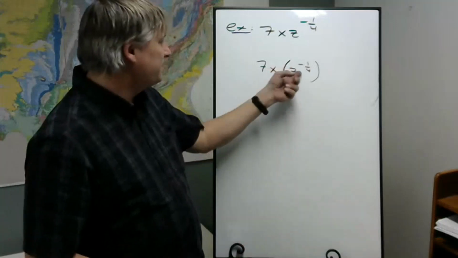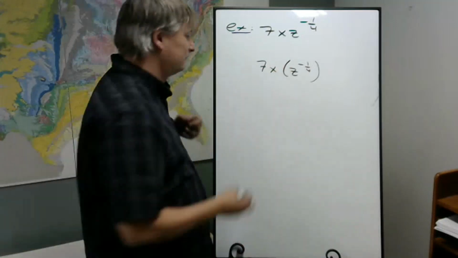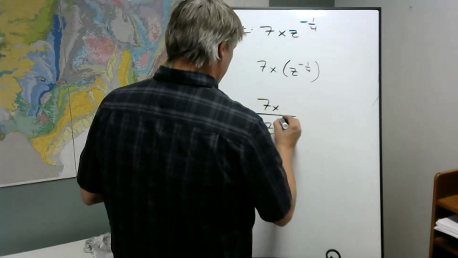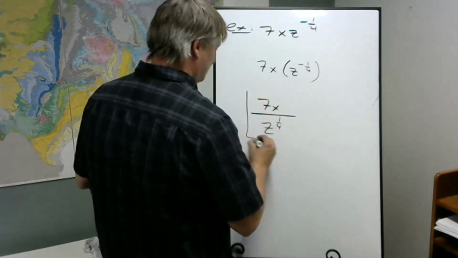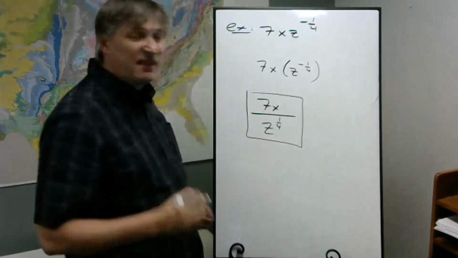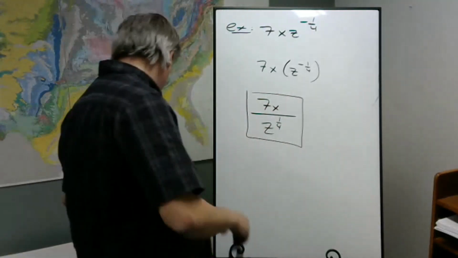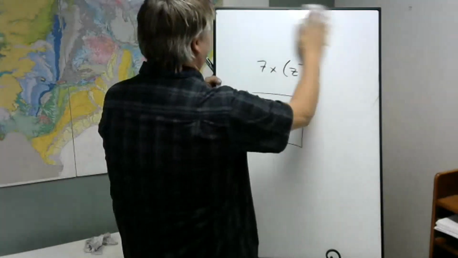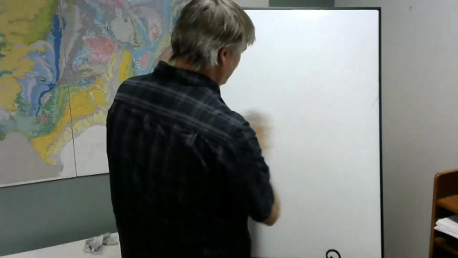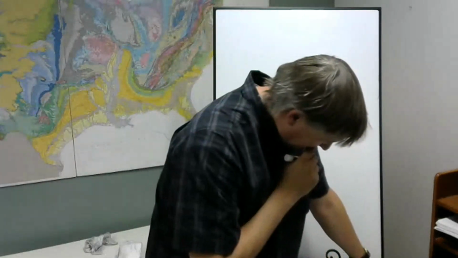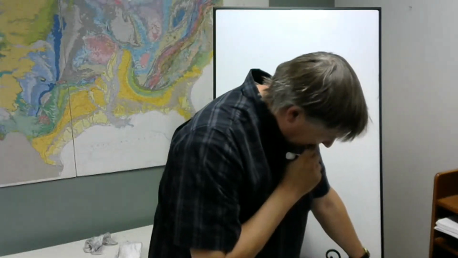And to flip it, we're just going to flip it underneath the 7x. And that's going to be it. And again, we're not going to make this into a root. So that's just sort of a review of what we do with negative exponents.